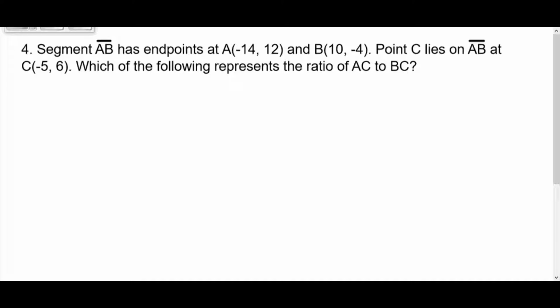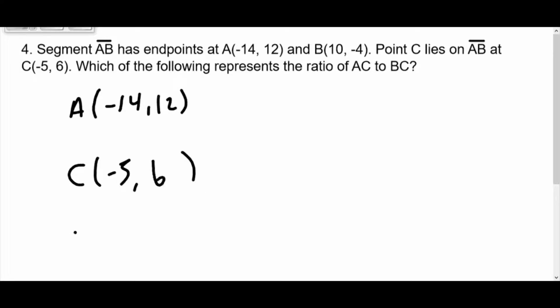Okay, so in this case, A is (-14, 12). For AC to BC, here's A at (-14, 12), C lies between at (-5, 6), and B is at (10, -4).